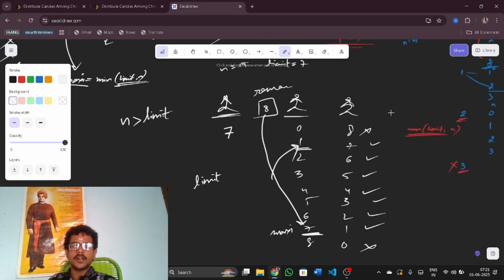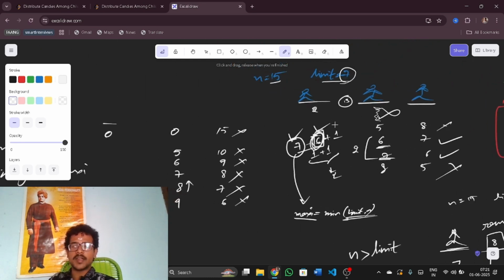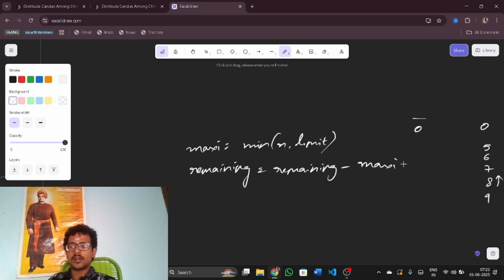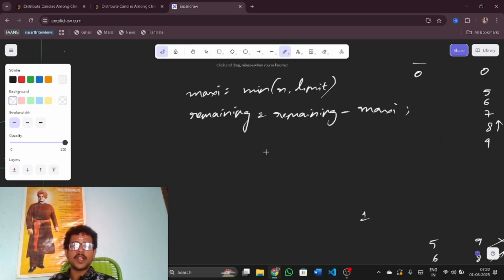So here the remaining was 8. 8 minus 7 is giving me 1. This is the lower bound, or the first thing that I need to subtract. So to get this number, I need to do remaining minus maxi. And how do I get maxi? Maxi will be the minimum of n comma limit. So this is how we solve the problem, and I got remaining minus maxi, right?